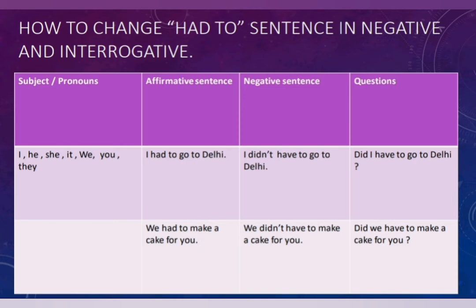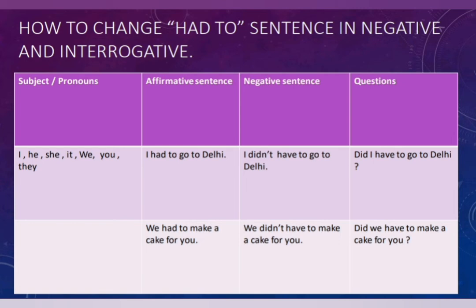So in the same way, while changing the affirmative sentences already written with had to, we have to use did and did not. We had to make a cake for you will be written in negative as we did not have to make a cake for you, and in interrogative it will be written as did we have to make a cake for you?